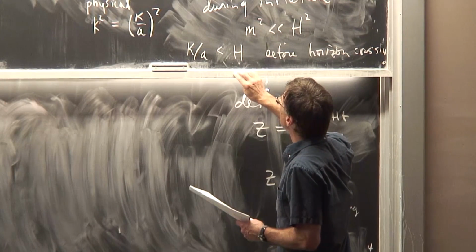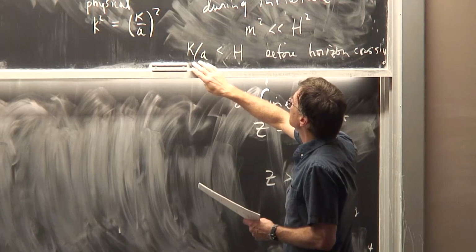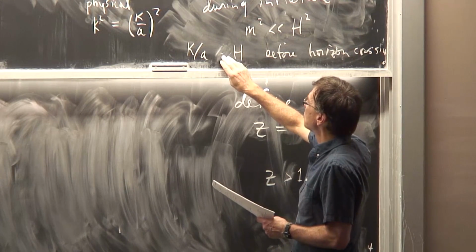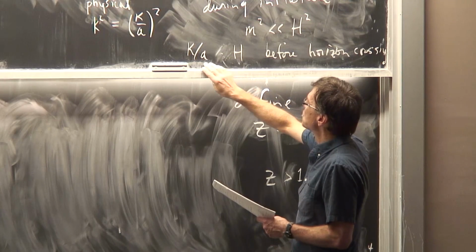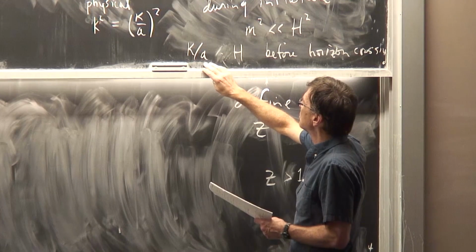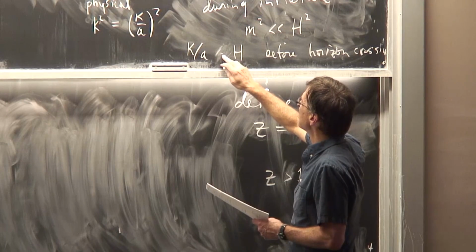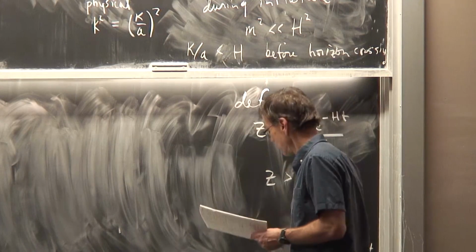At the moment of horizon crossing, this is equal. At later times, a is bigger, so this is less. Oh, it's less after horizon crossing, you're saying.